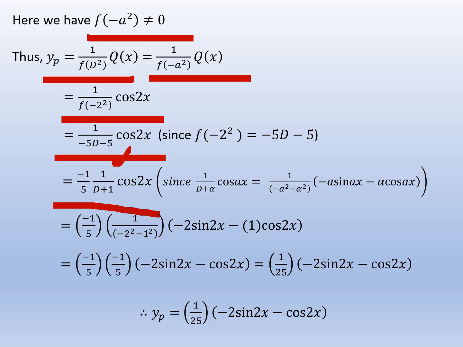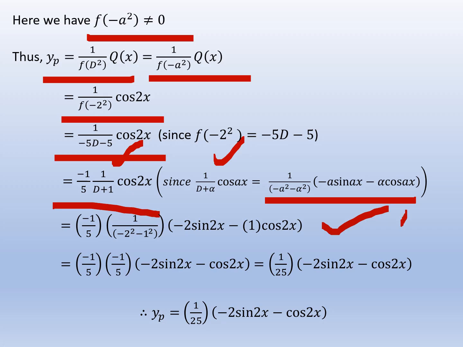Here 1 by d plus 1 of cos 2x is of the form 1 by d plus alpha of cos ax, which will be equal to 1 by minus a square minus alpha square into minus a times sin ax minus alpha times cos ax. Thus we get minus 1 by 5 into 1 by minus 2 square minus 1 square into minus 2 times sin 2x minus 1 times cos 2x.